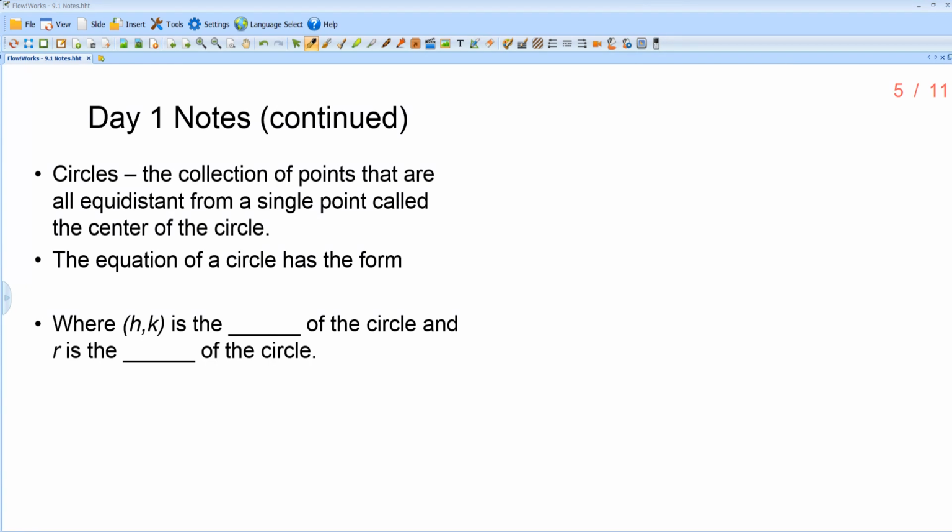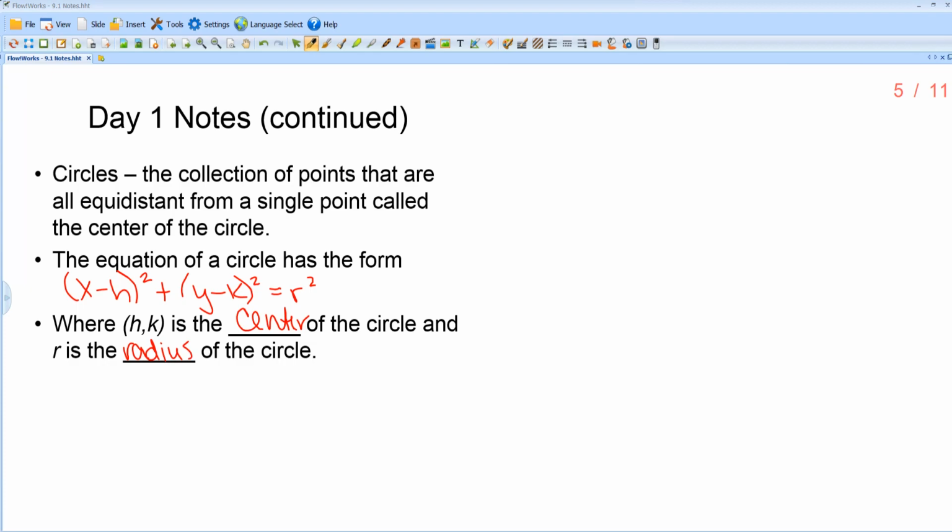The equation of a circle is in the form (x minus h) squared plus (y minus k) squared is equal to r squared, where (h, k) is the center of the circle, and r is the radius.